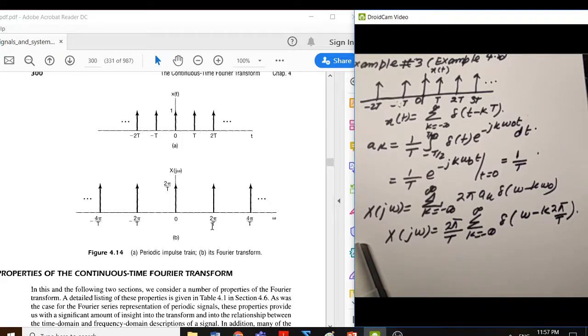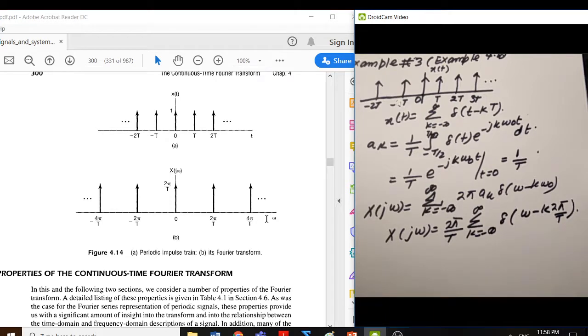The first one will exist at k is 1, 2 pi by T. The second one will exist at 2 into 2 pi by T, which is 4 pi by T, and so forth. What is the magnitude of all these impulses? The magnitude of these impulses is 2 pi by T.